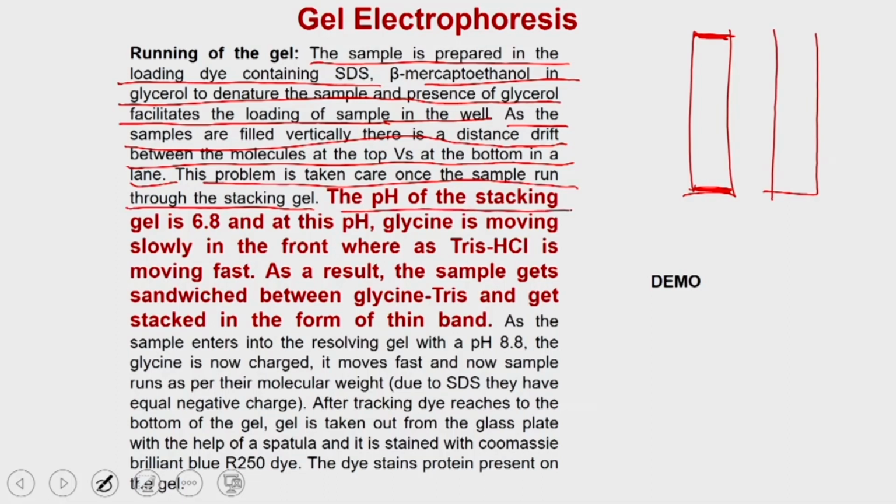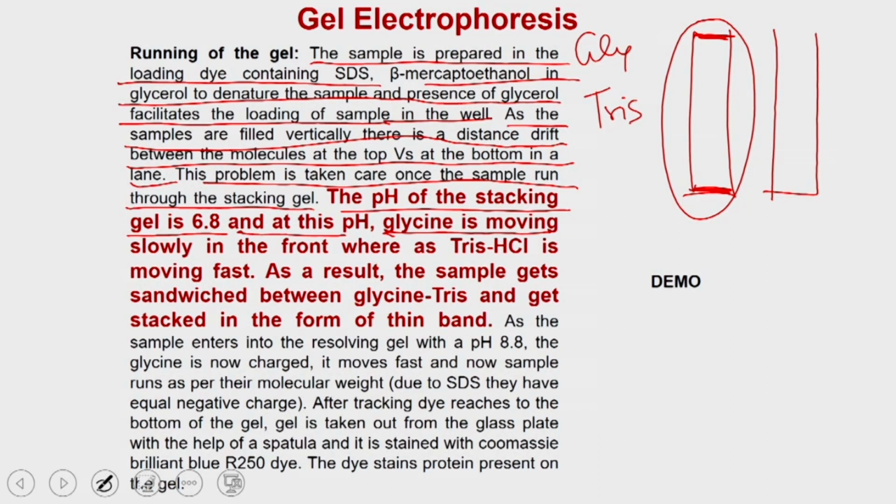The pH of the stacking gel is 6.8. When you run these samples, you run them in a buffer which contains glycine as well as tris. Glycine is an amino acid, and at pH 6.8 it has very little charge because its pKa is very close to this pH.